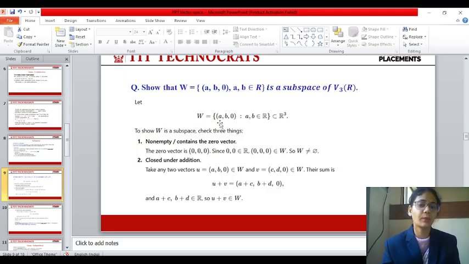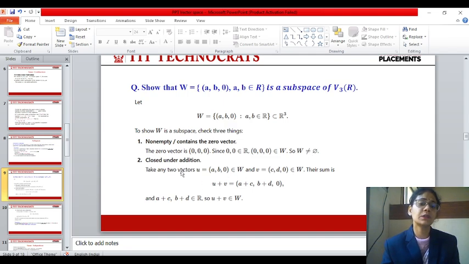That means the x component and y component are arbitrary, and the z component should always be 0. Definitely this is a subset of three-dimensional real space. Now we will check the conditions for this subset to become a vector space. First, it should be non-empty. Obviously the zero vector of 3 dimensions, (0, 0, 0), will always be an element of W, hence this is a non-empty set.